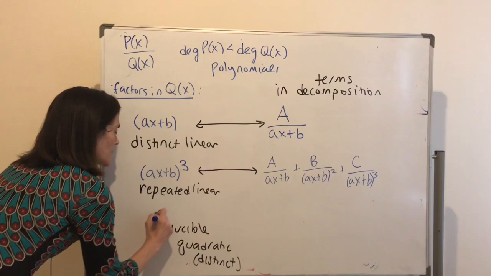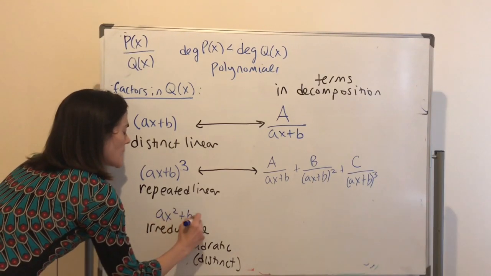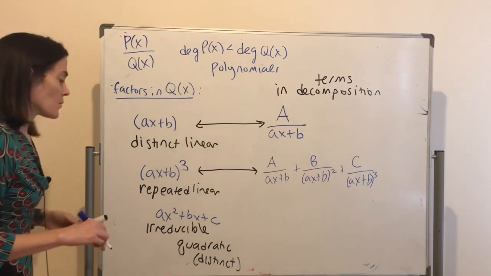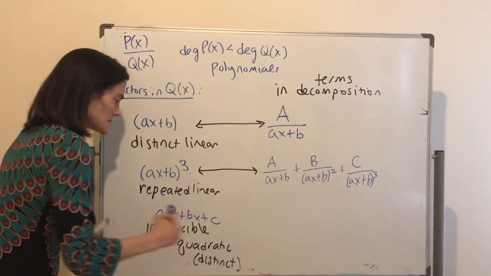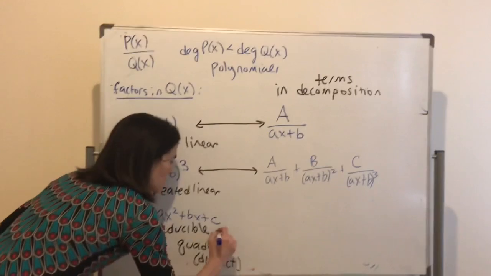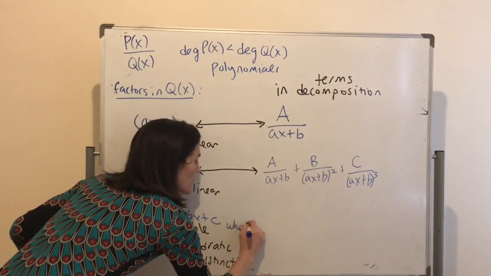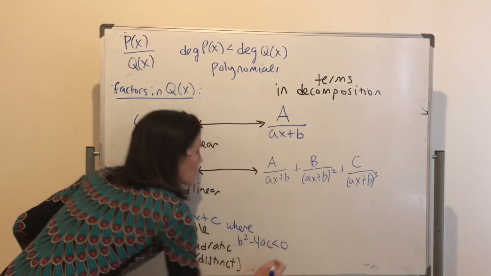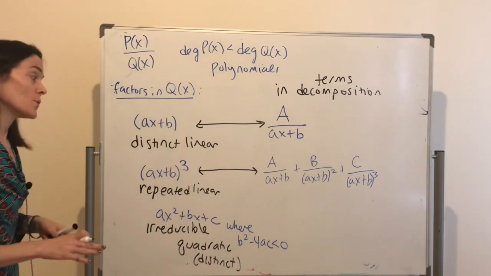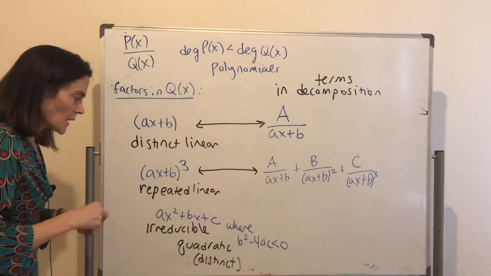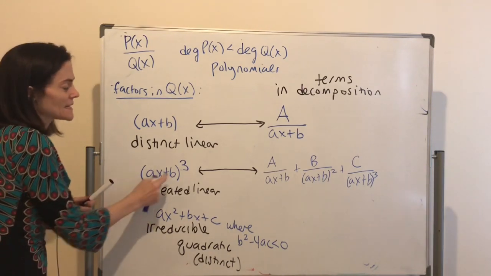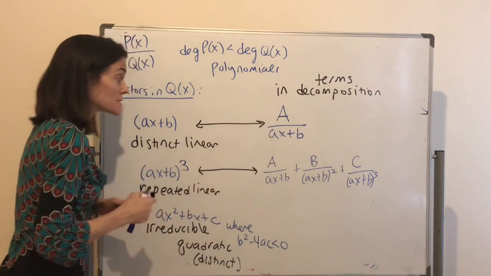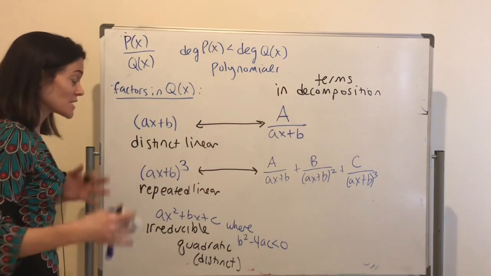So this would be an ax squared plus bx plus c, but being irreducible, if you think about the quadratic formula, it means that b squared minus 4ac is less than 0. So it doesn't factor over the real numbers. Then, as I mentioned, whatever degree you have, that's how many constants you have to solve for.